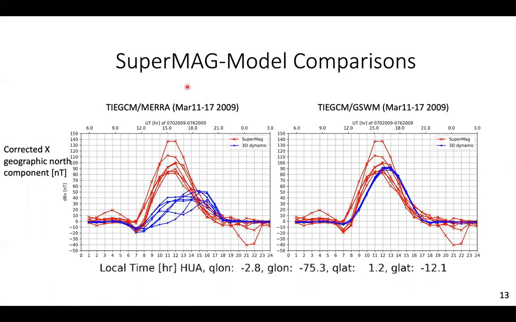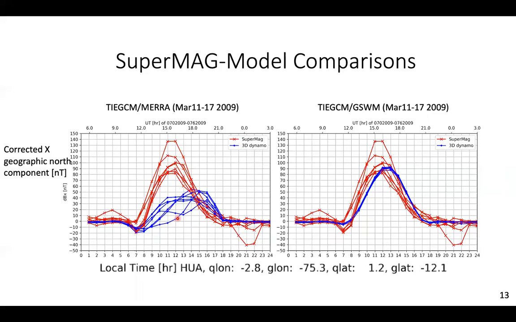And here is the model data comparison in the geographic northward component in a unit of nanotesla, which is a function of local time. And the red color is the Supermag observation. The blue color shows the MERA case model result.